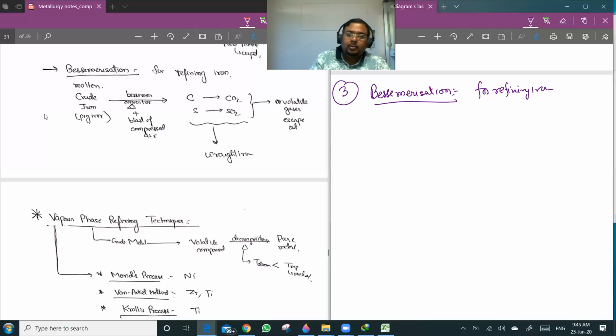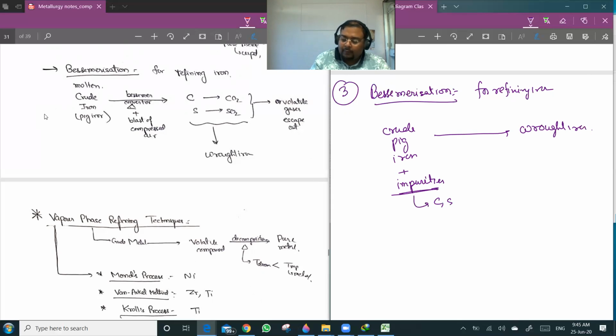It is basically used to convert pig iron to wrought iron, which is the purest form of iron. The impurities present in the pig iron are carbon, sulfur, phosphorus, and even arsenic.